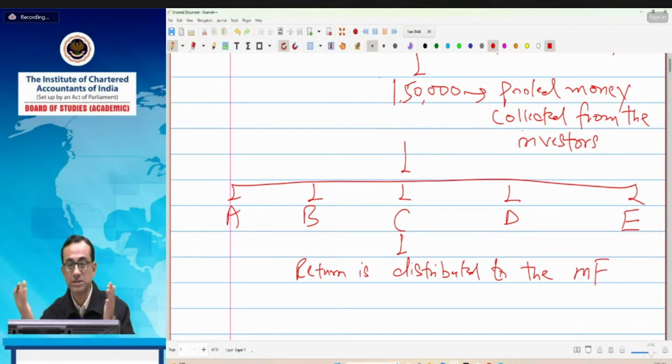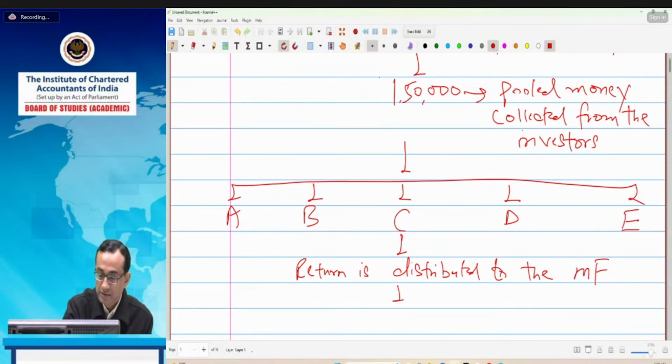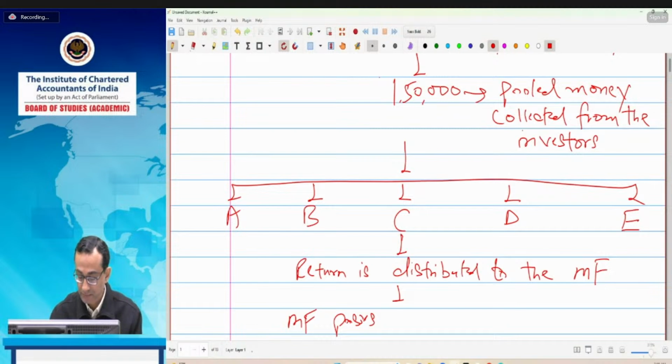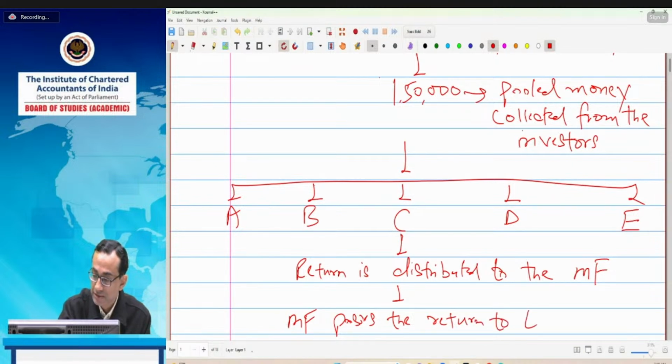So first of all, whatever return is generated by companies A, B, C, D is passed on to the mutual fund. And then the mutual fund passes the return to the investors.